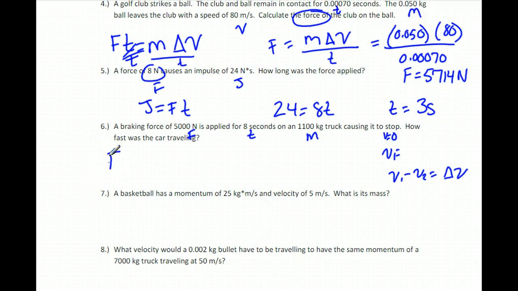So again, we're using Ft equals m delta V, and I know my force is 5,000. My time is 8. That shouldn't be a negative sign, that should just be 8.